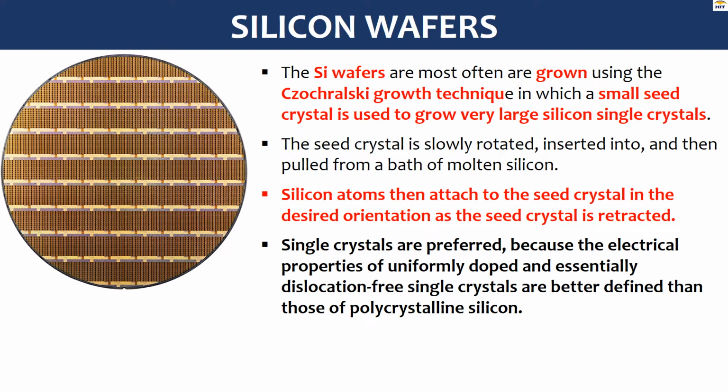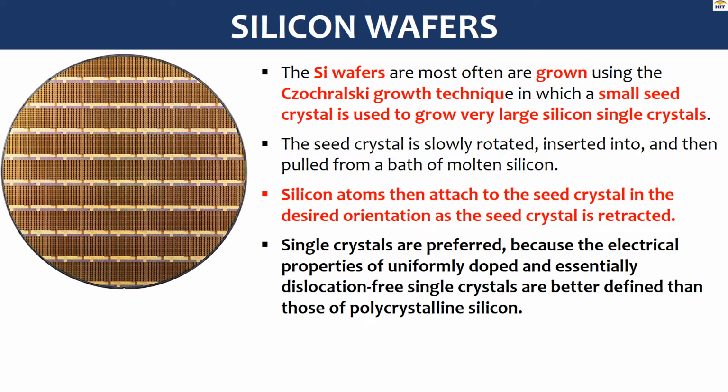So the wafers are made or grown using a technique which is called the Czochralski growth technique, in which a small pure seed of crystal is used to grow a very large single crystal of silicon.